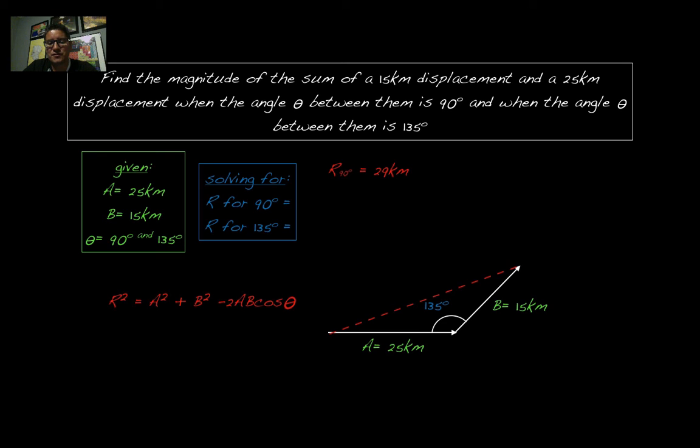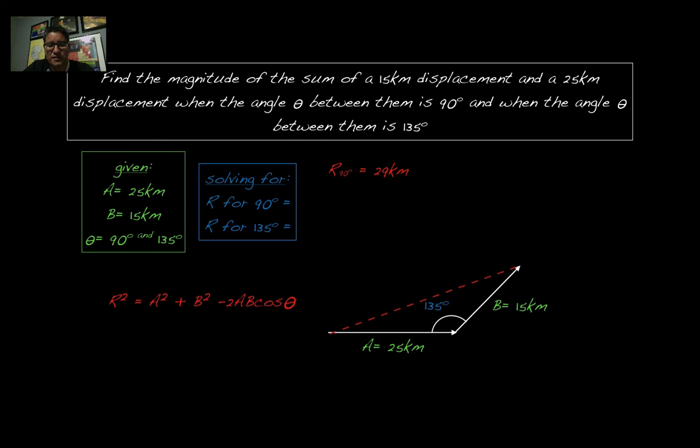And now I'm going to use law of cosines, because I have angles that are other than 90 degrees. So the law of cosines is R squared equals, because I'm looking for R now. Now there's three versions of the law of cosines. This is the version that I use if I'm looking for the resultant vector.